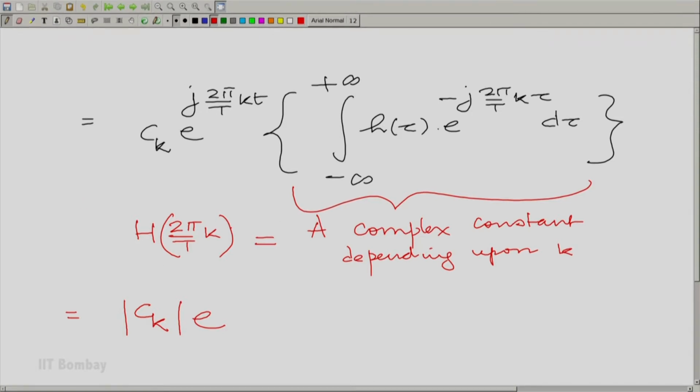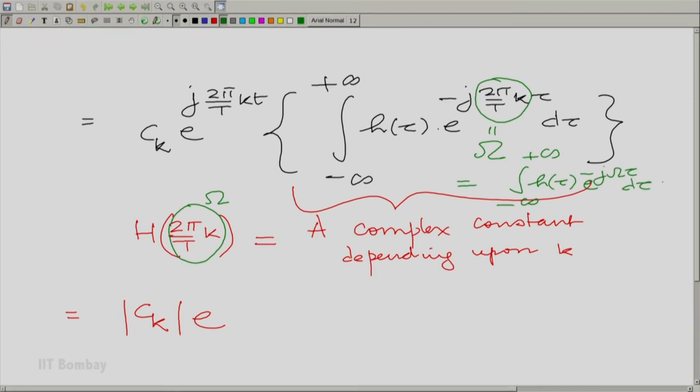We call this whole argument capital omega. And therefore, what we are saying is that this is essentially the integral from minus to plus infinity h(τ) e^(−jΩτ) dτ with Ω at a specific point.